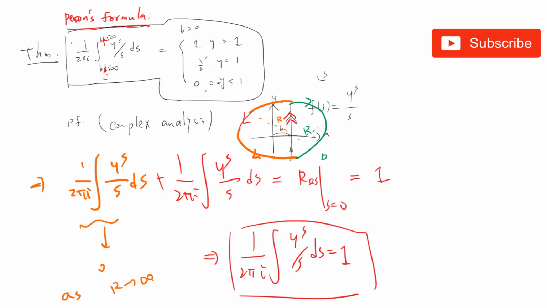And you can easily prove that the orange part is 0, because y is greater than 1 and s is very negative, by ordinary complex analysis. I don't want to show the detail here, but this is trivial. As r goes to infinity this is 0, so we prove this is 1. It's obvious that when y is less than 1 and greater than 0, you just choose the green circle to be your complex contour.